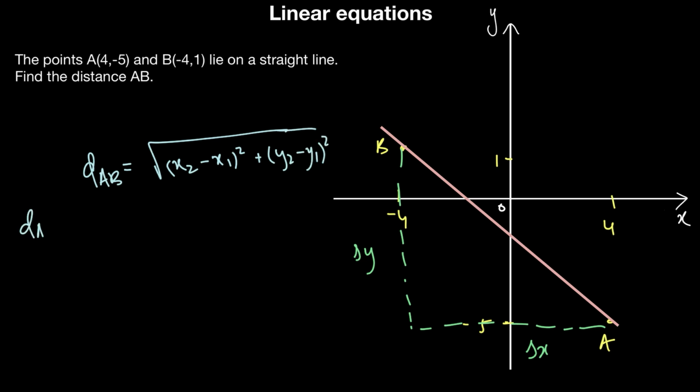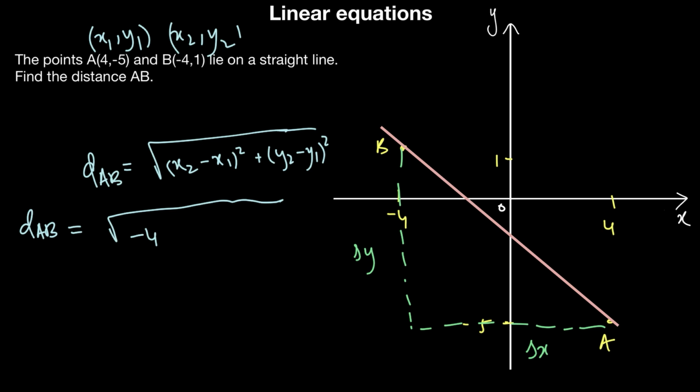So therefore, the distance between A and B can be equal to the square root of, and now let's take A as x1 comma y1 and B as x2 comma y2. So x2 is minus 4 and x1 is 4, so minus 4 minus 4, the whole thing squared, plus y2, which is 1, minus 5, the whole thing squared.